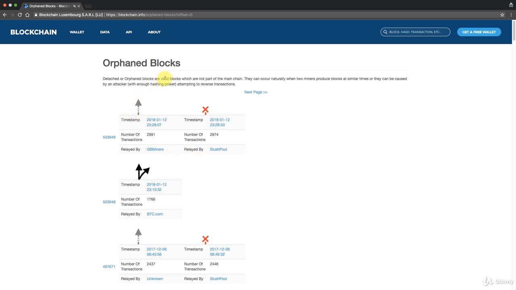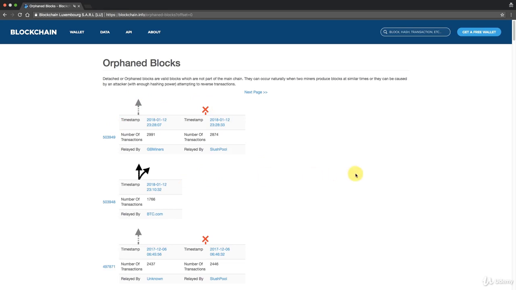So whoever builds the next block first will take over the chain, unless they build the next block at the same time again. Basically, whichever chain out of the two competing chains has the highest hash rate will win eventually.